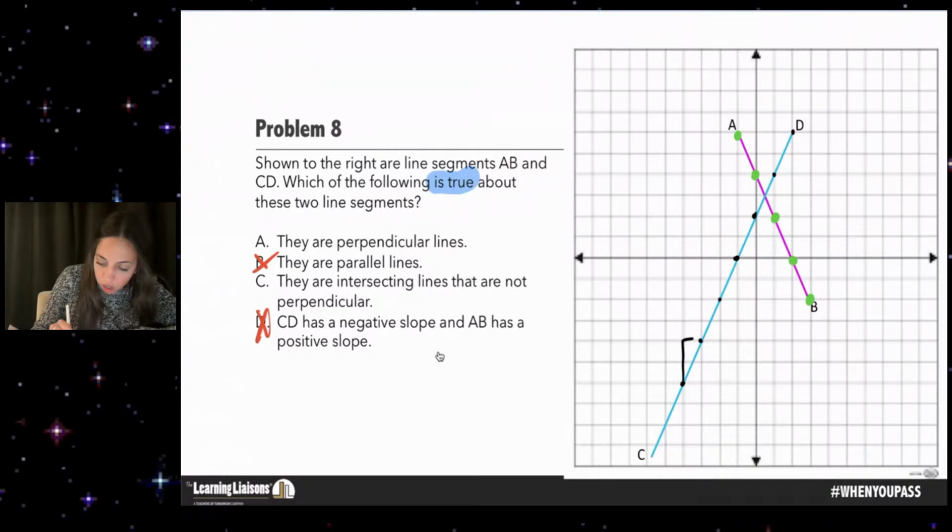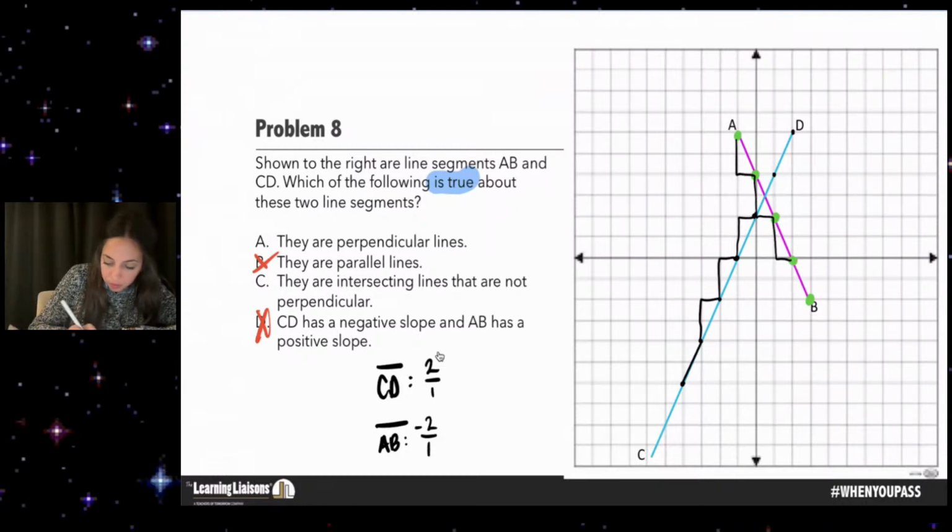Rise 2, run 1, rise 2, run 1. So CD has a slope of rise 2, run 1. AB has a slope of go down 2 over 1, down 2 over 1. Are those perpendicular?